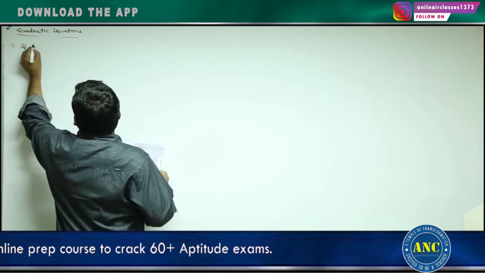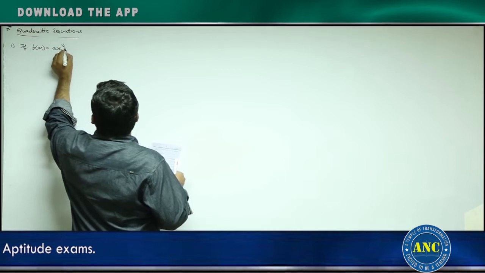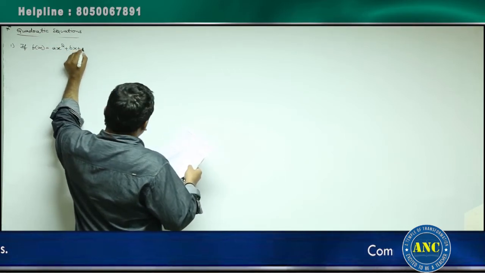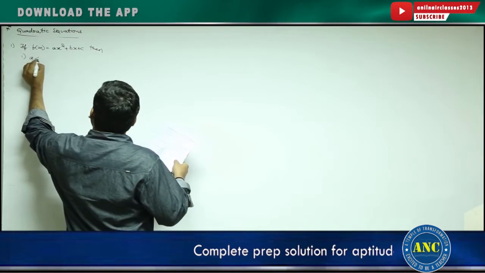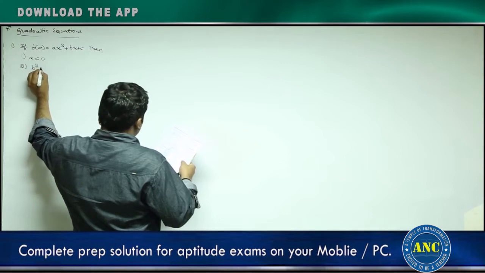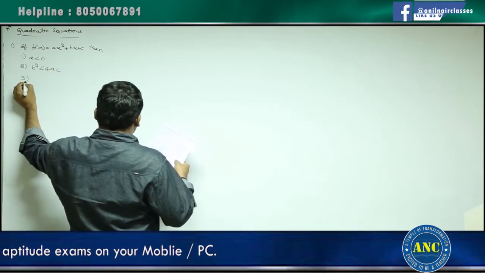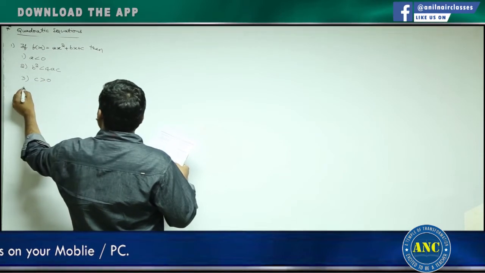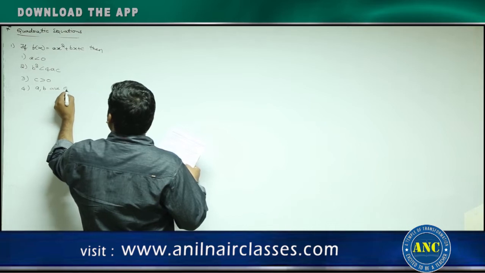If f of x equivalent to ax square plus bx plus c, then: a less than 0; b square less than 4ac; c greater than 0; a comma b are of opposite sign.